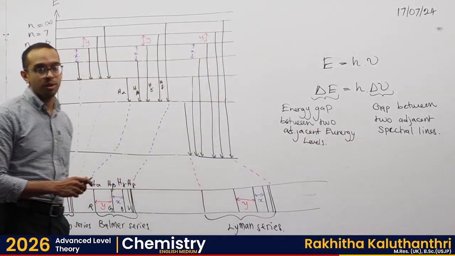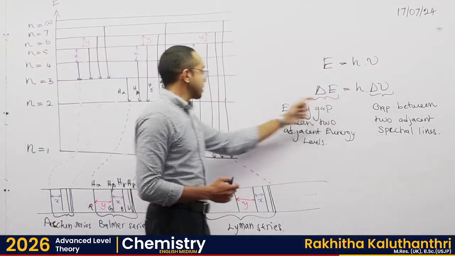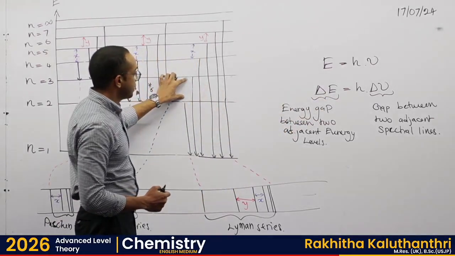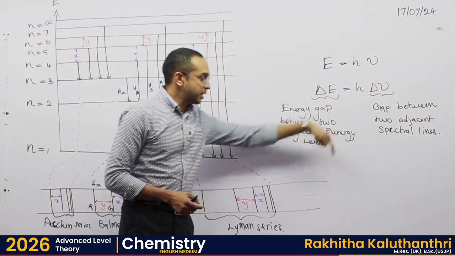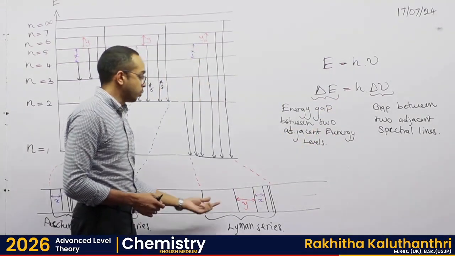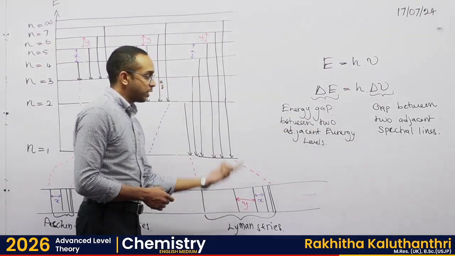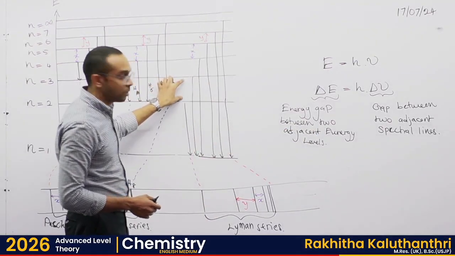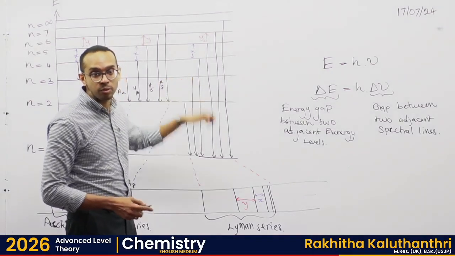H is the Planck constant. I'm just trying to say that delta E represents the energy gap between two adjacent energy levels, and delta nu represents the frequency gap here. So frequency gap is proportional to the energy gap. Is that clear? That's what I'm trying to indicate here.